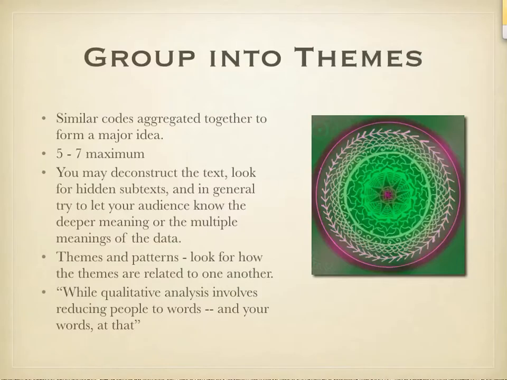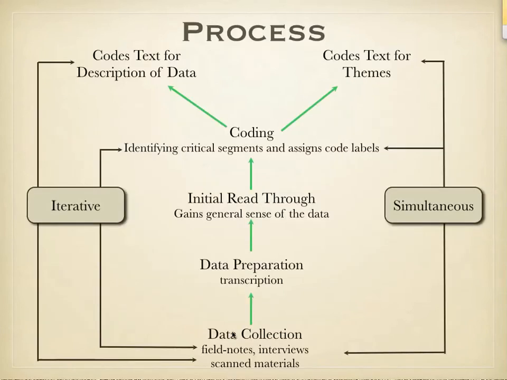So this is this part of the process. I went through and coded this, and then I started to develop themes. I would go through and do this again, code more essays, and I might come up with different themes. In fact, you keep going around until you're all done with this, until you feel like you've exhausted it.